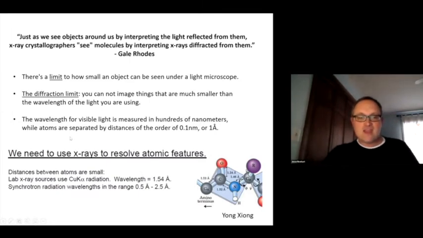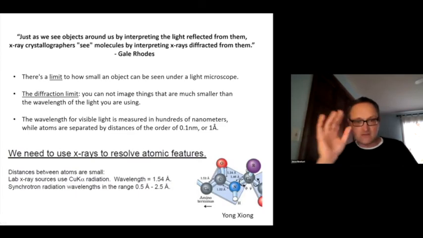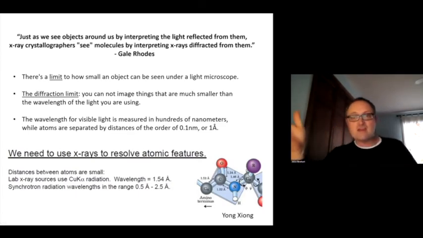So you need to have X-rays, okay, to resolve atomic features, because listed here are the wavelengths of different types of X-ray sources. We're going to talk about that in a minute. I'm jumping ahead a little bit in some of the nomenclature, but just think about what is emitting this X-ray and what is the wavelength.